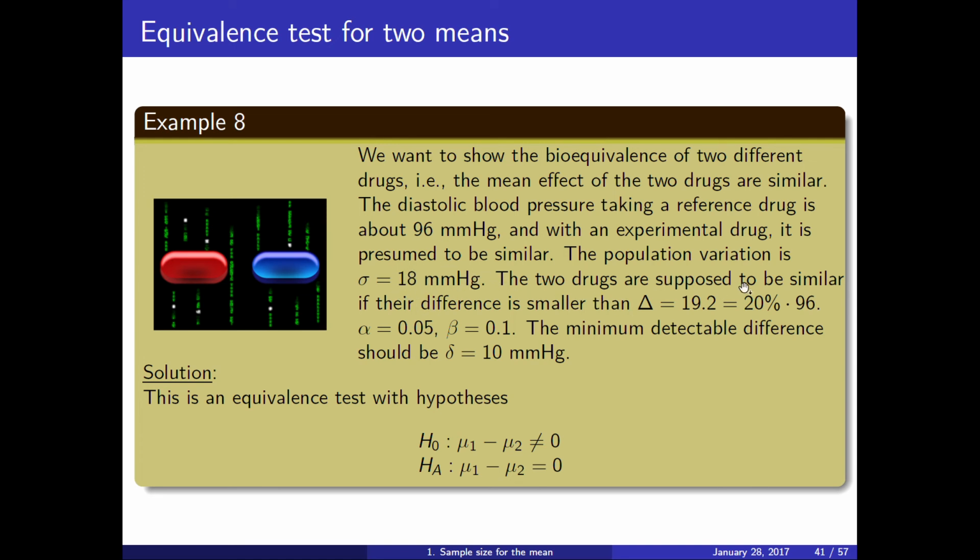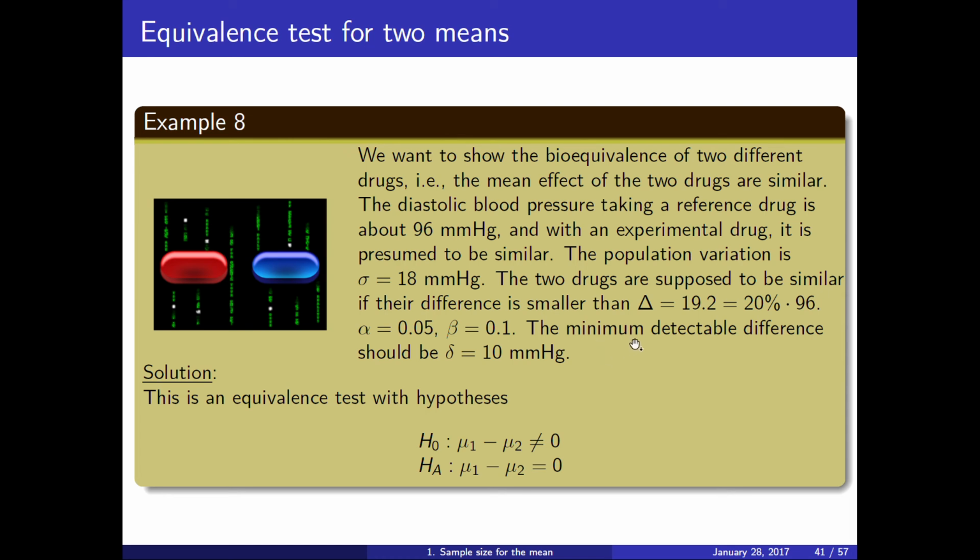The two drugs are supposed to be similar if their difference is smaller than 20%. Again, if it goes beyond 20%, then they are not equivalent anymore, and you want to detect that with a 5% confidence level and 90% statistical power.